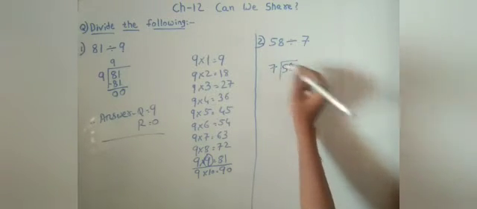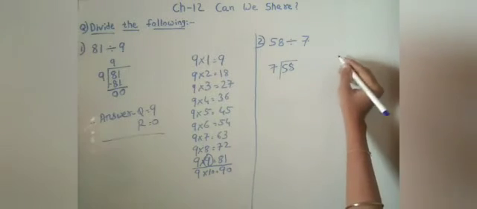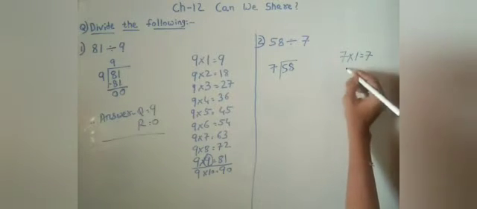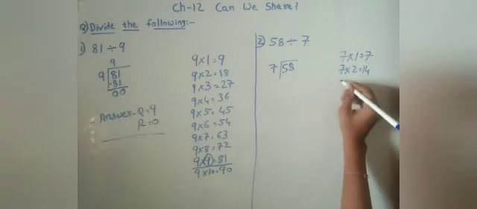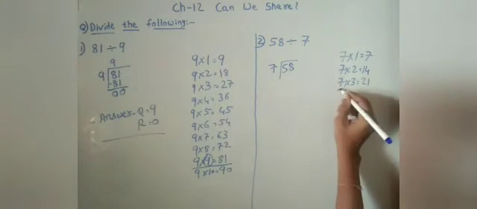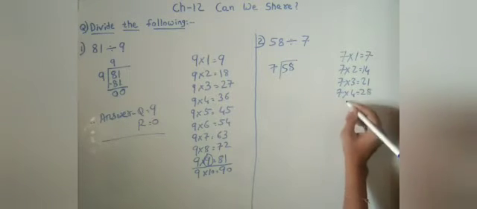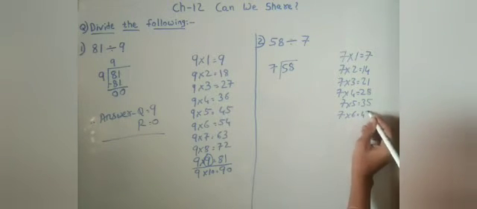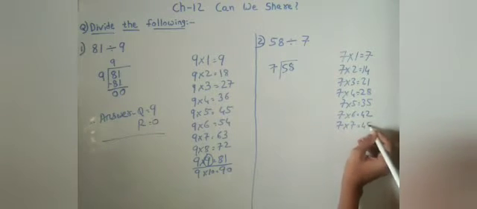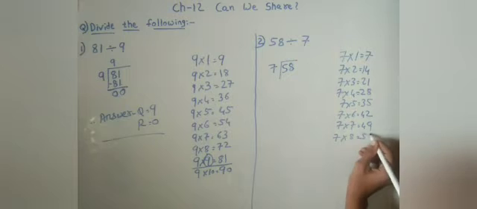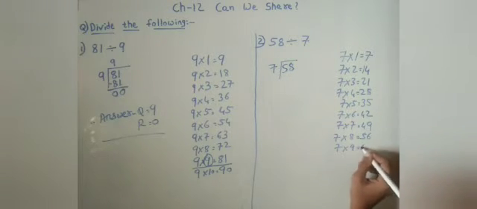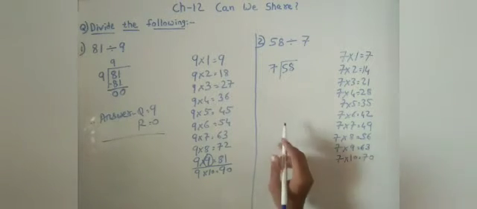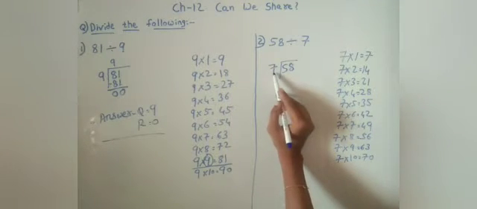First of all we will write the 7 table. 7 ones are 7, 7 twos are 14, 7 threes are 21, 7 fours are 28, 7 fives are 35, 7 sixes are 42, 7 sevens are 49, 7 eights are 56, 7 nines are 63, 7 tens are 70.